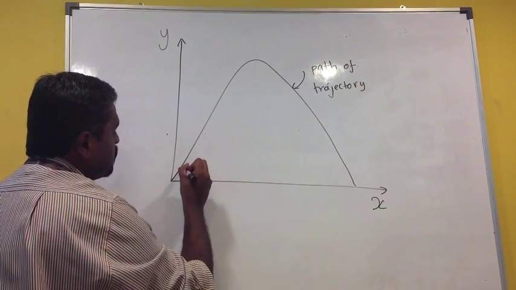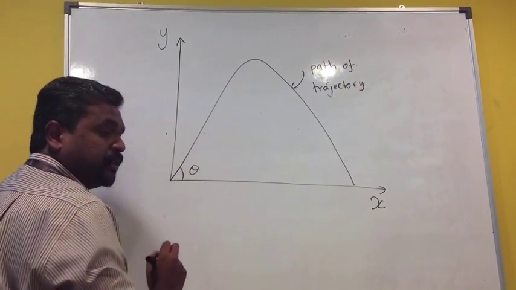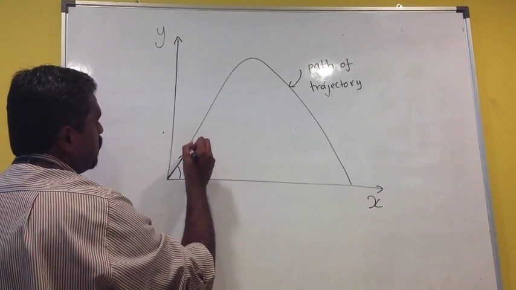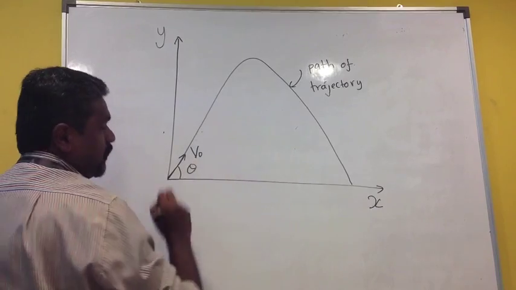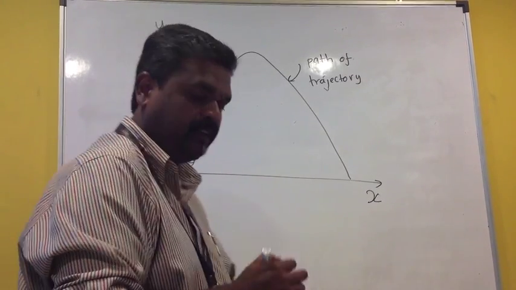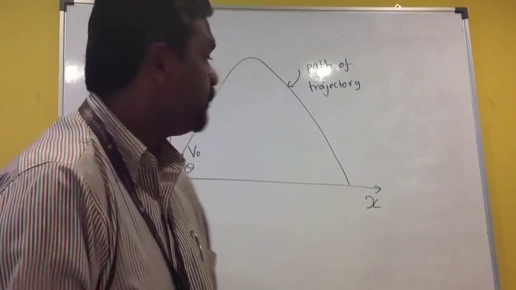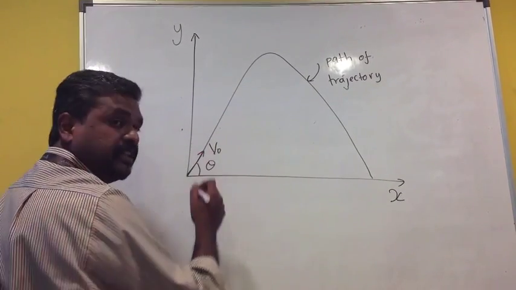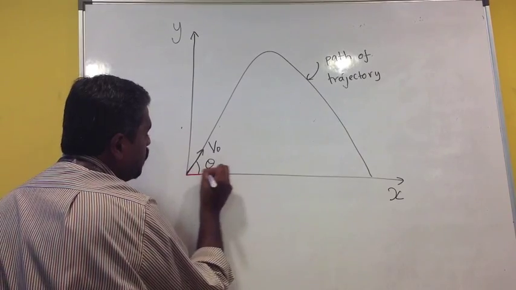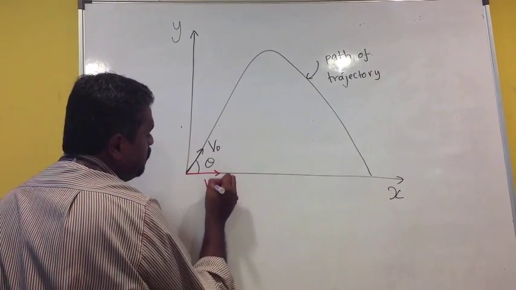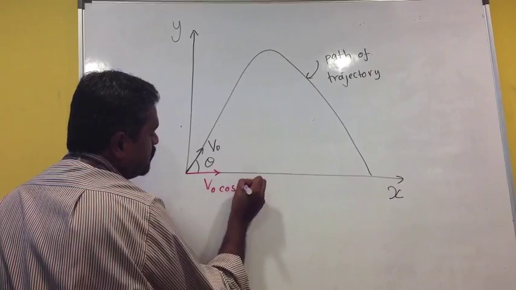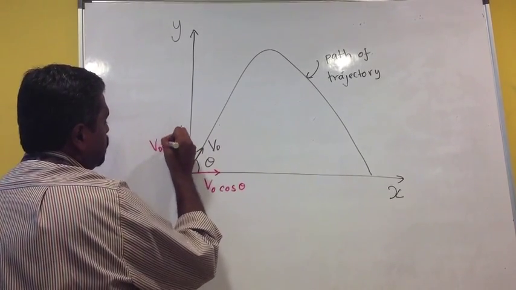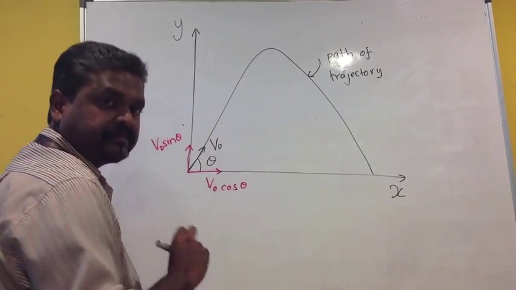Now let's assume we launch this object at an angle theta to the horizontal with the initial velocity of v0. Then, from the basics of physics, where I taught you how to resolve vectors, since we know velocity is a vector, the x component of this velocity will be v0 cos theta, and the y component here will be v0 sin theta.